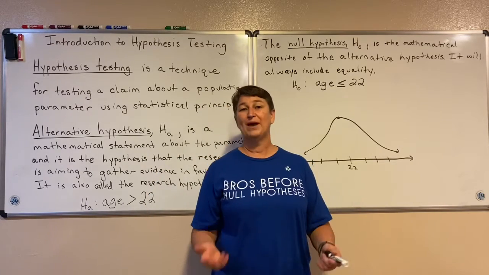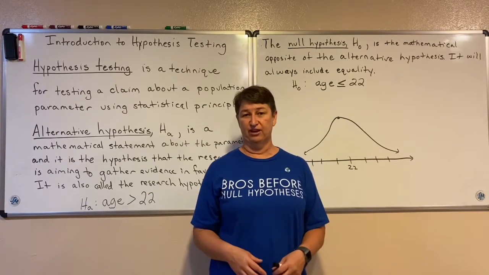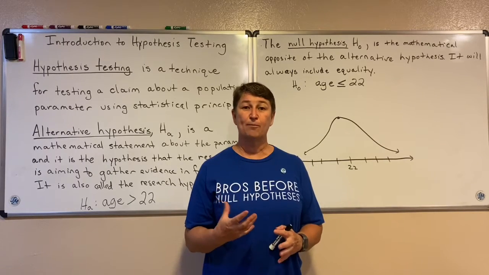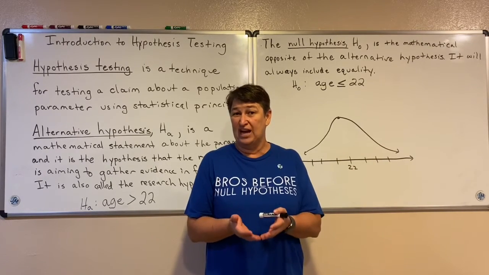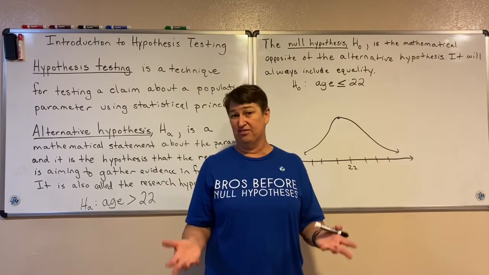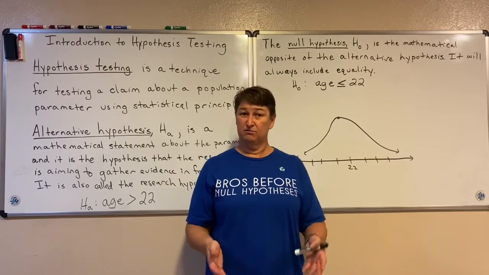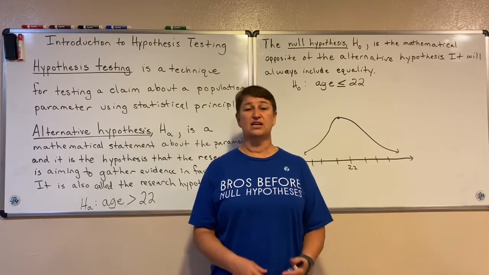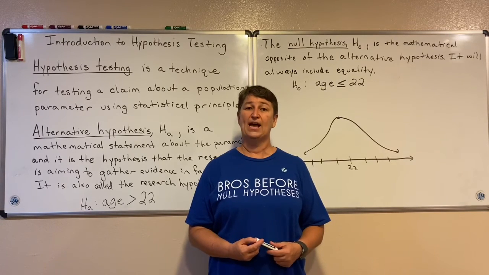So that's just the basics of a hypothesis test: we have some idea about our parameter that's different than what we think the actual parameter is. And then we gather evidence to test that theory to see, is it maybe the same, or do we find some evidence that makes us think that our parameter has changed?